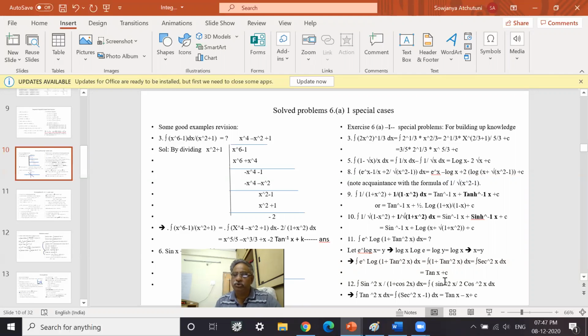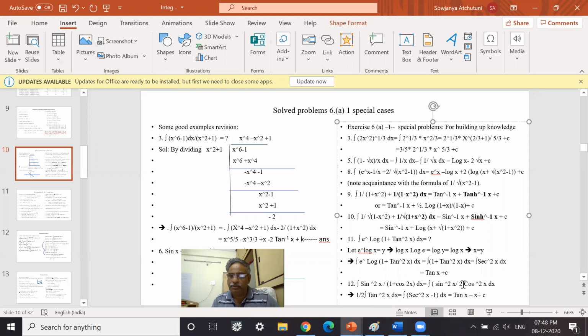See how the flow is going on. We have to simplify the equation. Here 2 cos squared x, so it will become 1 by 2 tan square x. 2 will be there, so 1 by 2 comes.